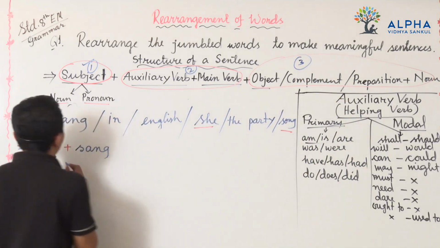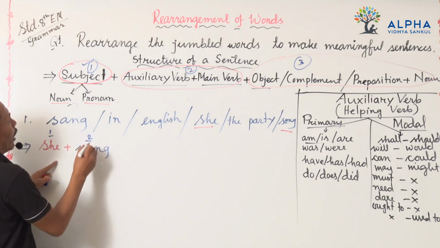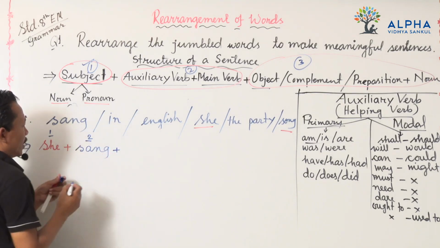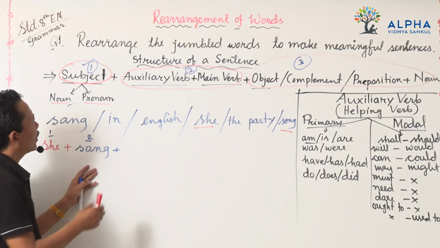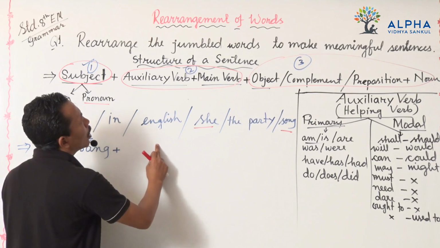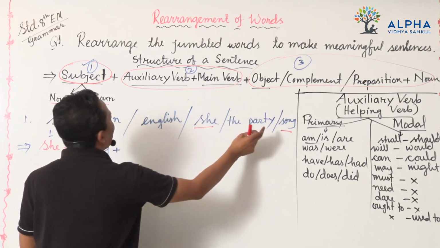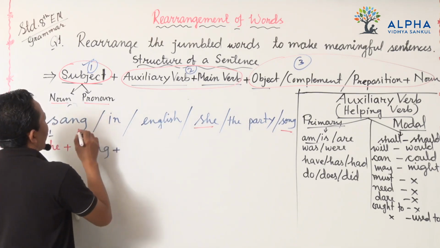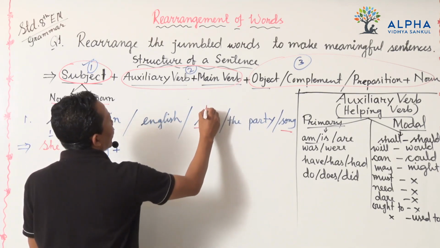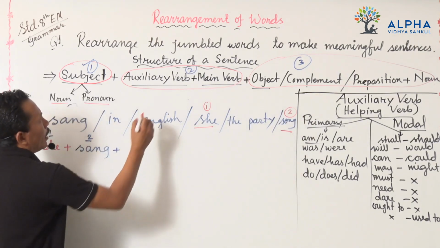And here the first step, okay. The second step, okay. Then what is the third step? She sang English song in the party. How can we write? See, she sang, okay, English.